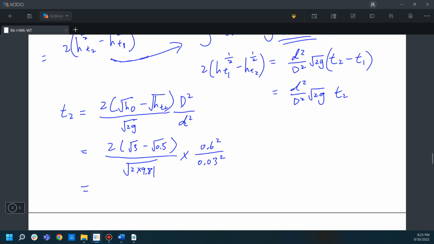So now we can conclude that T is equal to 185 seconds.